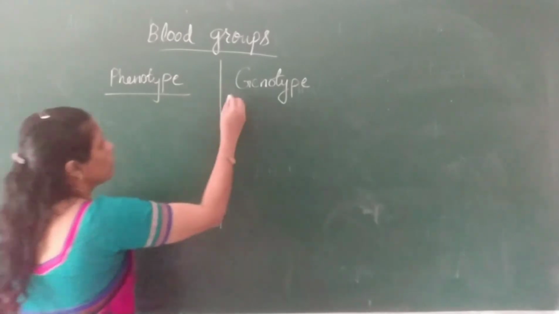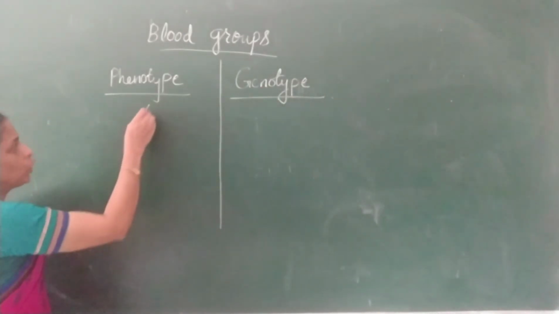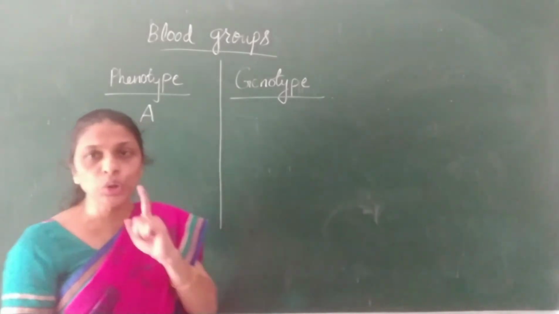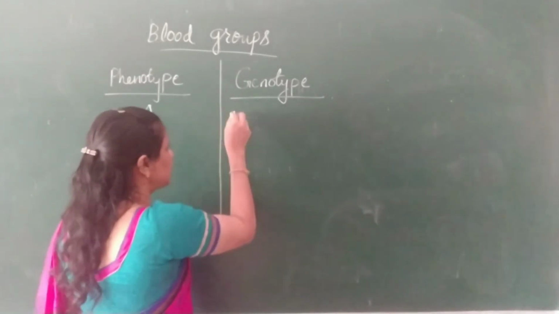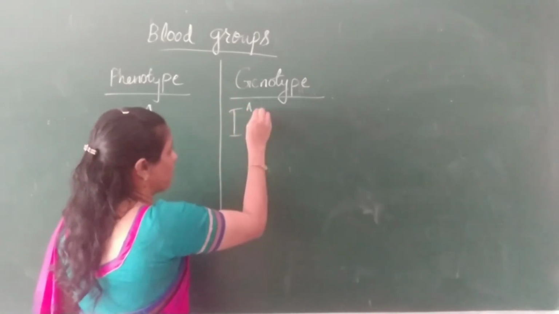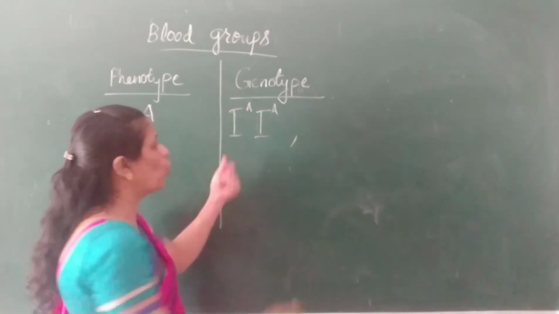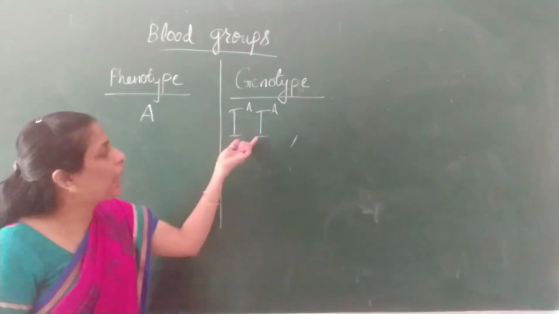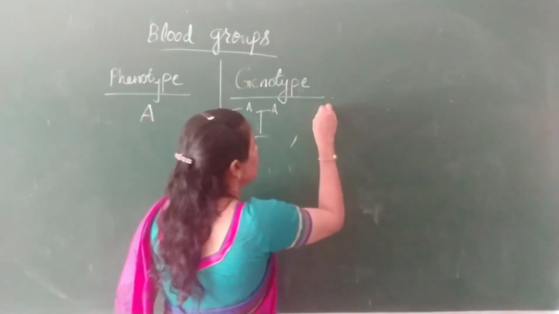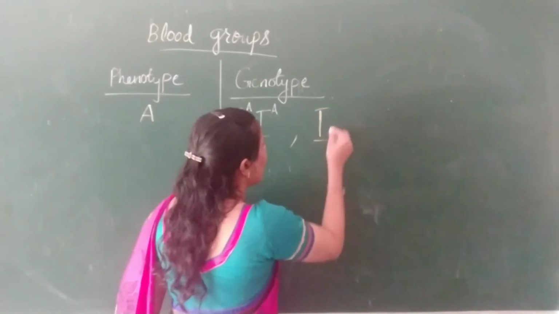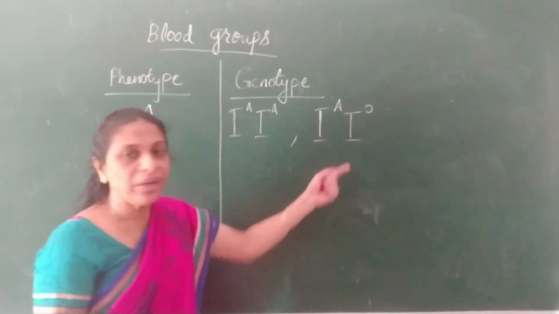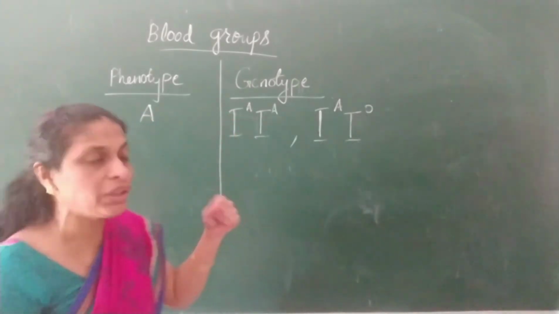Okay. Now, a person with A blood group, right? What are the possible genotypes? 2 genotypes are possible. That is, the person may be either IAIA, a homozygous condition, both the alleles being IA, or he can be IAIO, or this can be written as IAi with a small letter i, whichever you find convenient.